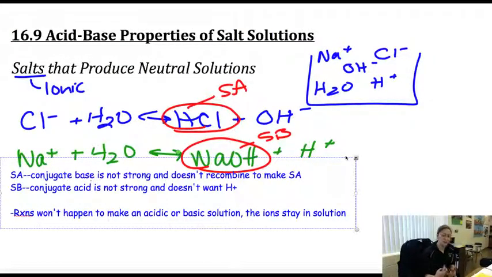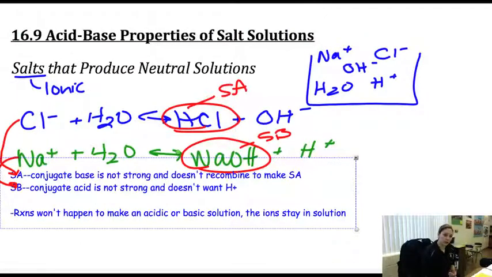So if you have something from a strong acid or something from a strong base, so if I have the conjugate base of a strong acid, which would be the Cl minus, or if I have the conjugate acid of a strong base, which would be the Na plus, these will produce a neutral solution, because neither one is going to make it basic or acidic.